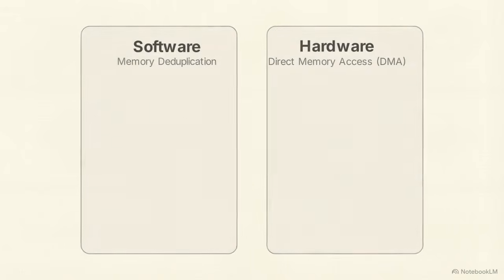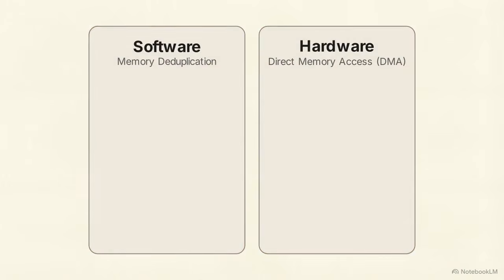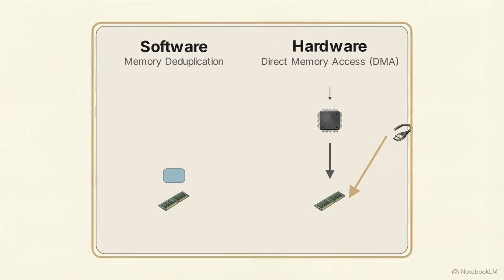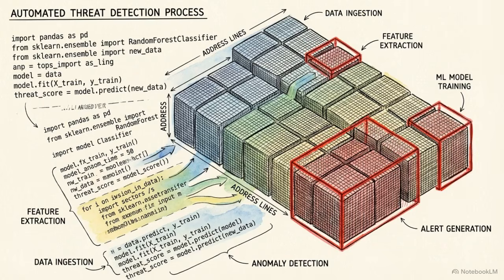To understand this threat, we have to examine two specific architectural features: software-based memory deduplication and hardware-based direct memory access, or DMA. Artificial intelligence automates the identification of these hardware signals, transforming historically manual, theoretical exploits into scalable, persistent threats.